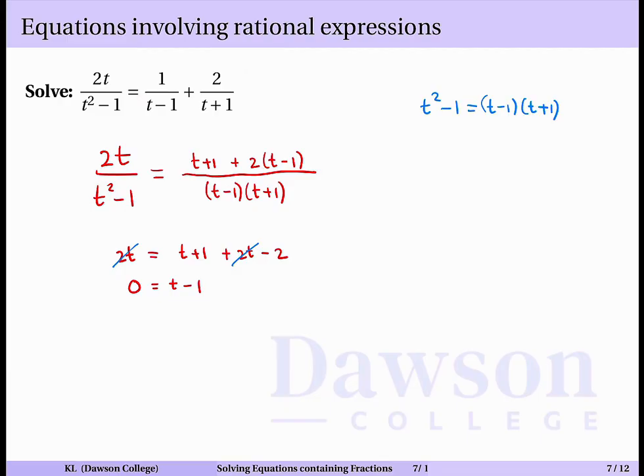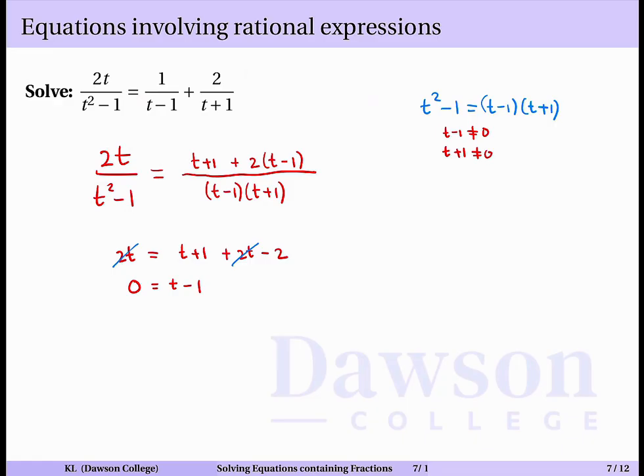But then again, what do we have in the denominators? Basically, we don't want this to be equal to 0 or this to be equal to 0. So t minus 1 cannot be equal to 0. T plus 1 cannot also be equal to 0.